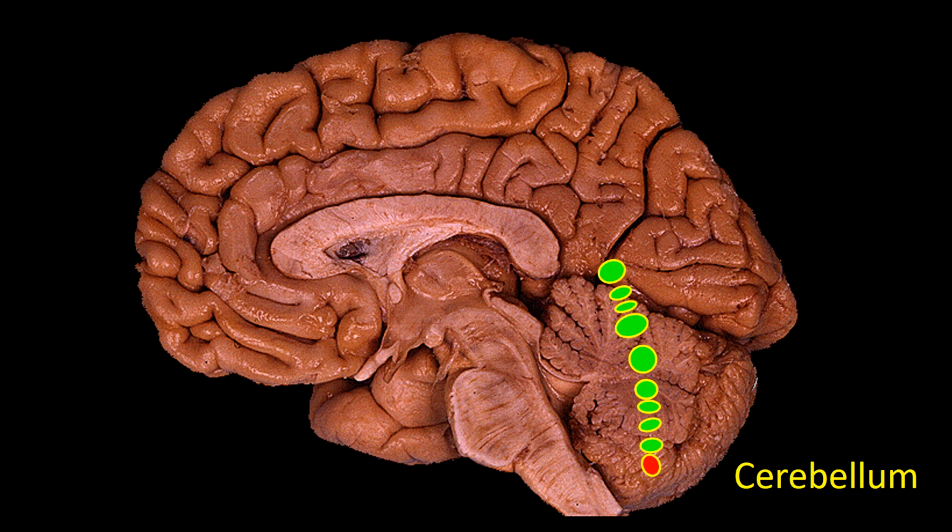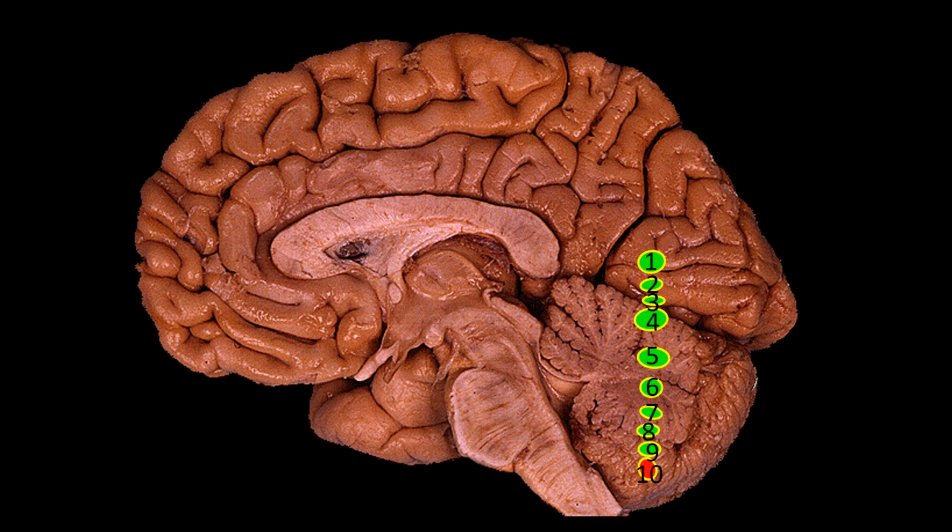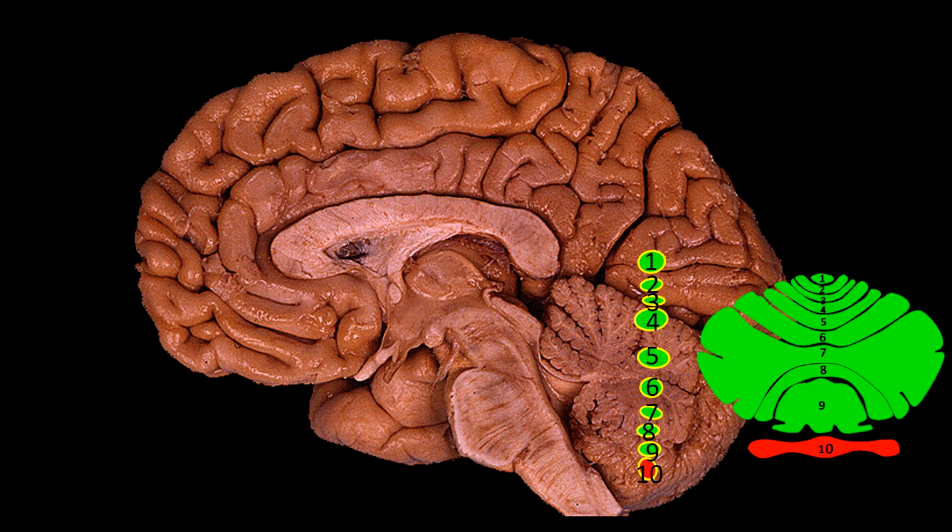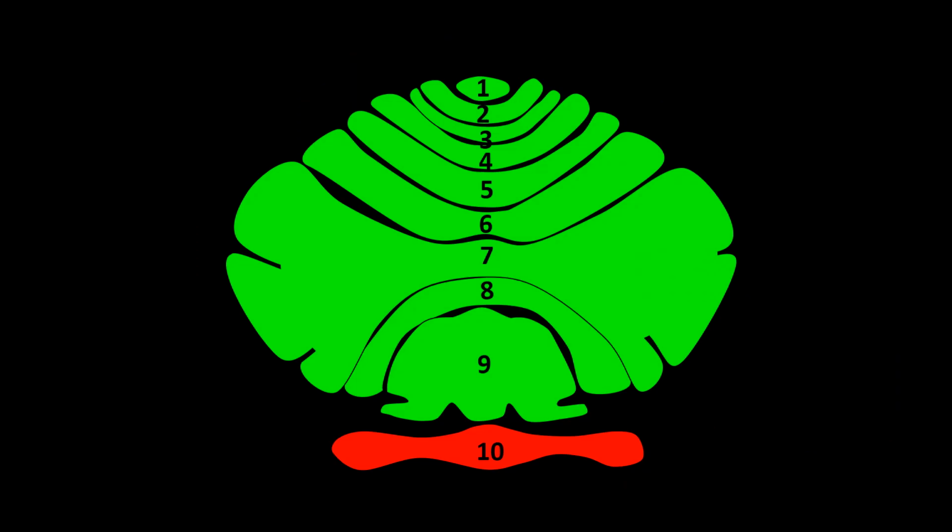The process can be compared to opening a book. The lobules are labeled numerically from the top to the bottom and correlated with the representation of the cerebellum added here. I will now proceed with topographic anatomy of the cerebellum.